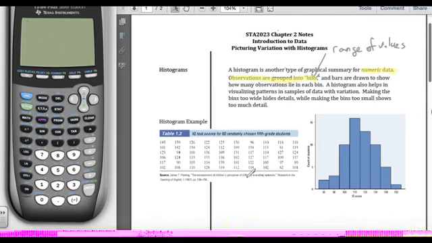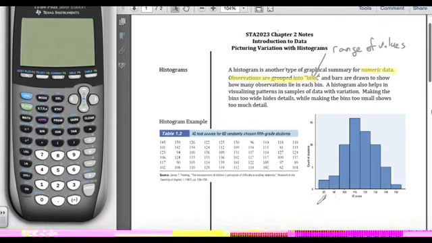The way I could really begin to see the patterns is to put this into some sort of graph, and we've done that over here with a histogram. Now, this is a histogram. It's not a bar graph. We'll talk about why shortly. But my bin widths, I can see across the bottom.